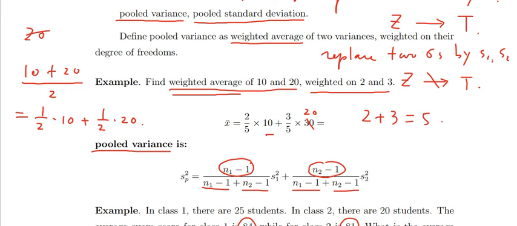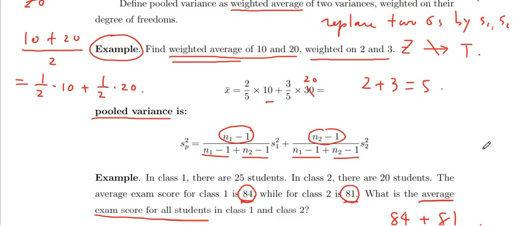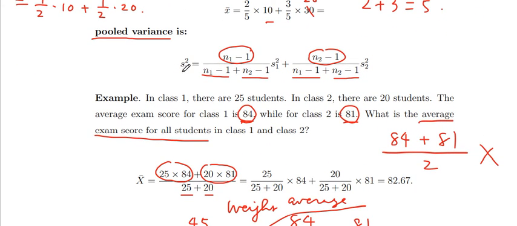If the weights are different, then we should do it this way. I hope you can understand this simple example: we have two numbers, 10 and 20, and we want a weighted average, weighted on those numbers, divided by the total weights, right? I hope you can understand this notation.